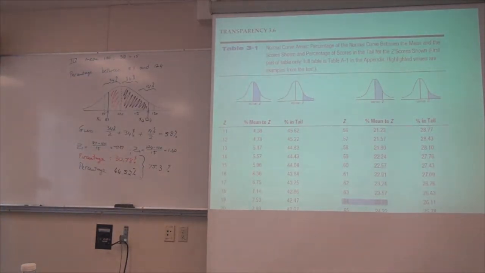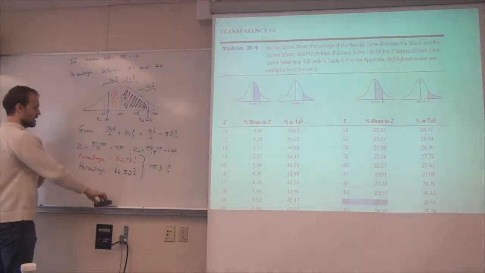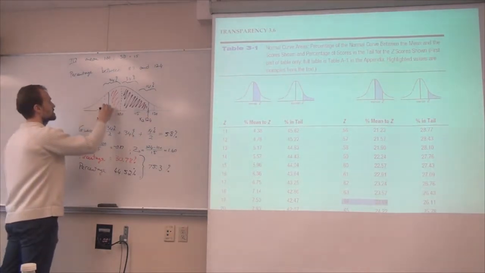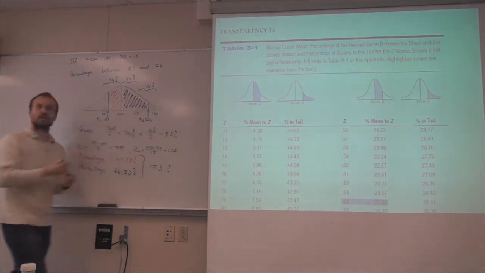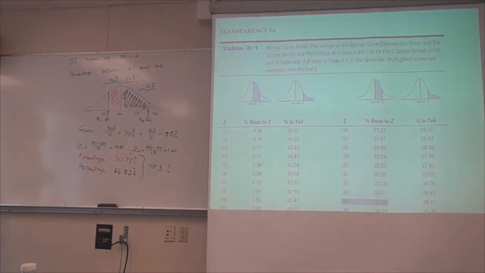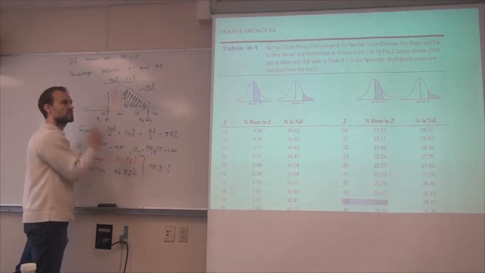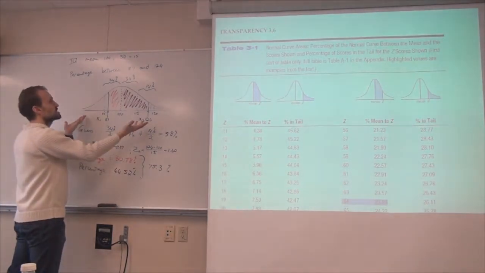Could you do it the other way where you calculate the tail and subtract that from 100? Yeah, you totally could. We could totally have said, let's calculate the tail here and the tail there and take it away from 100. So when I try and see if this number is realistic to expect, I see, well, how much am I not including?